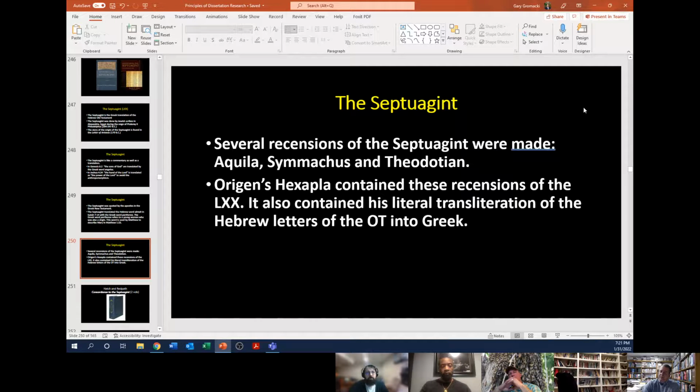Like the Hexapla, he's looking at all three of them, and then he's also doing a transliteration, looking at Hebrew letters and transliterating those into Greek letters. So the word itself wouldn't make any sense, but it gives us an idea that at least he was looking at some Hebrew text.